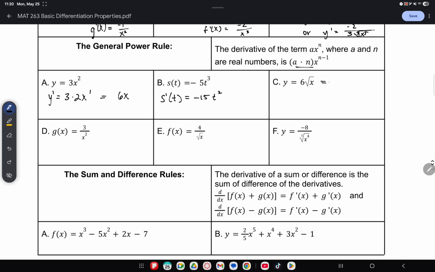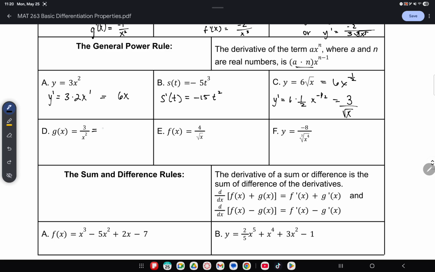Here I'm going to rewrite that as 6x to the 1/2, right? And then I can apply that power rule to do the derivative and do 6 times 1/2, and then subtract 1 from the power. 6 times 1/2 is 3, and then I can drop that back down to have a positive exponent.